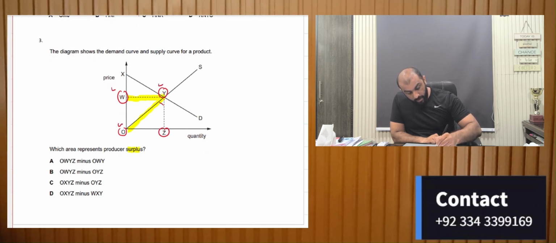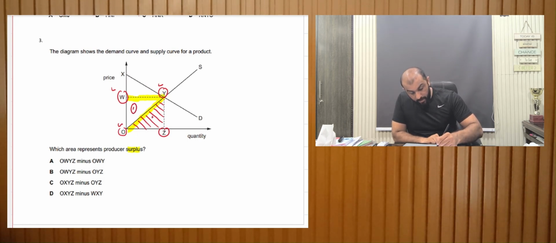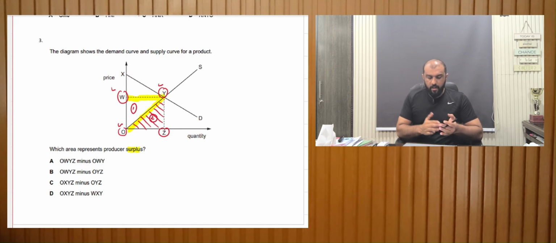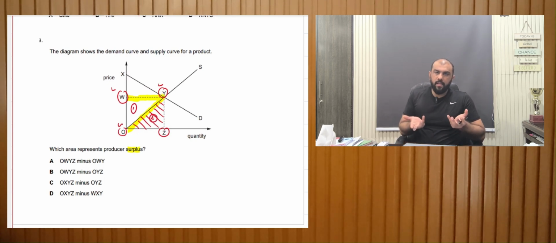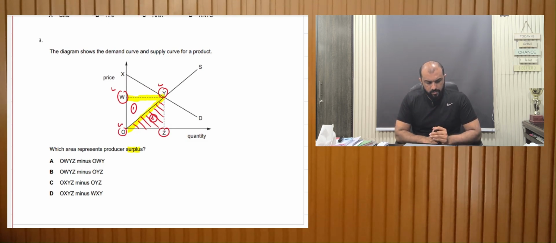So we have this entire shaded area remaining. As you can see, it is the same as the producer surplus, right? This area 1 and this area 2 are the same. So if I deduct one area, the remaining area is automatically my producer surplus in terms of value, right? So this is just a tricky way of asking this MCQ.